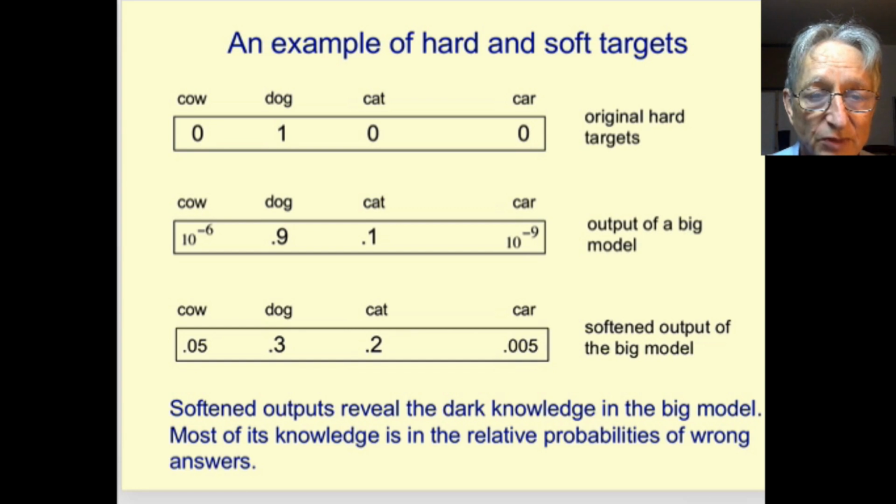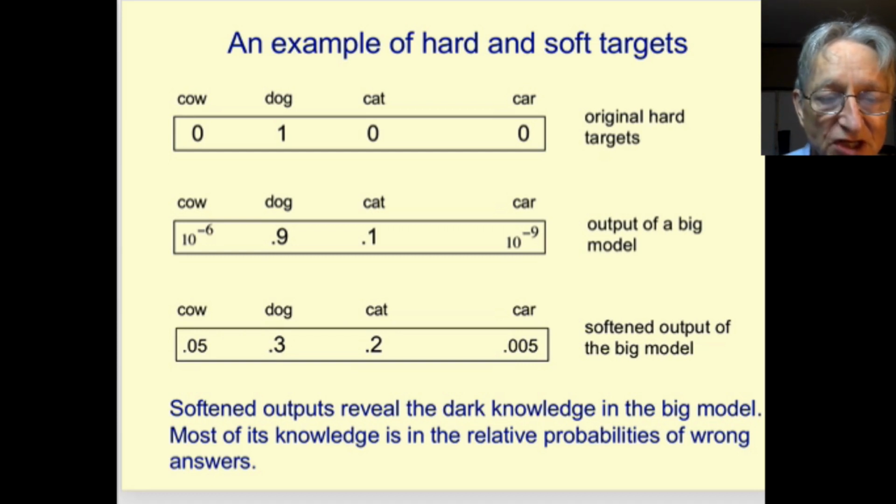With the unsoftened output, it thought the probability this thing was a cow was 10 to the minus 6, and the probability of a car was 10 to the minus 9, and basically those are both 0. If we soften it, there's now a significant difference between a cow and a car.